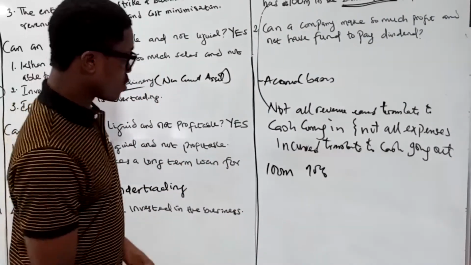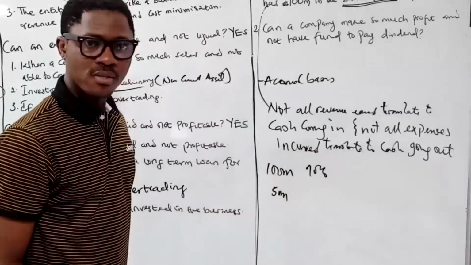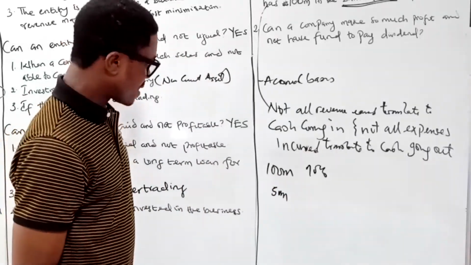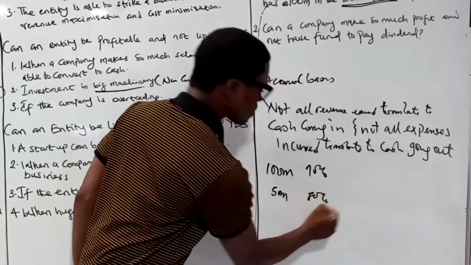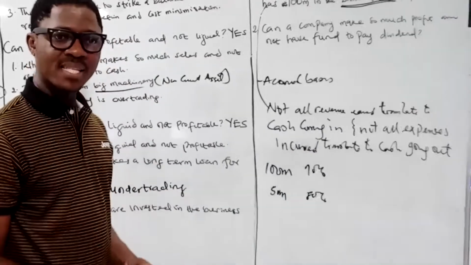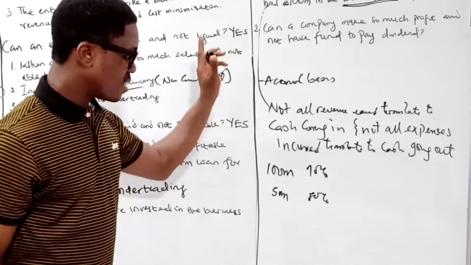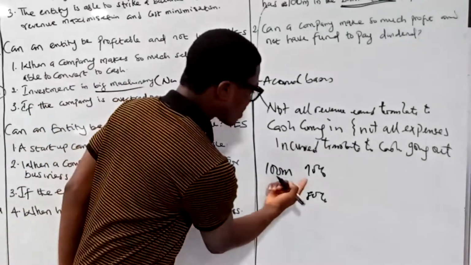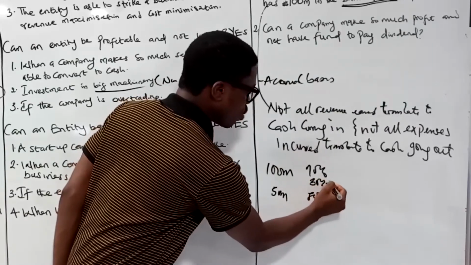And also, the same company can incur 50 million as cost. This would also mean that just about 80% is paid and affects the bank account, while 20% accounts for liability. Just a little recap: if 70% here affects the bank, 30% will affect receivable.